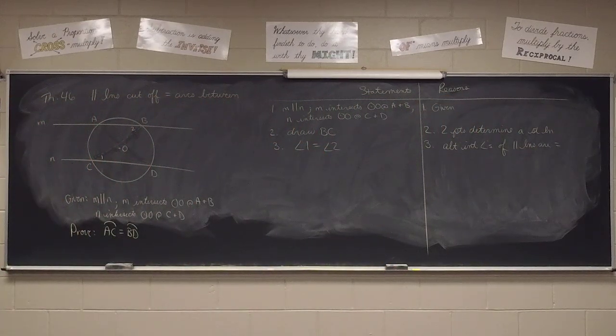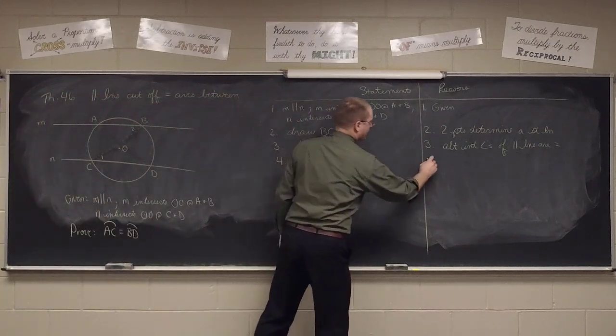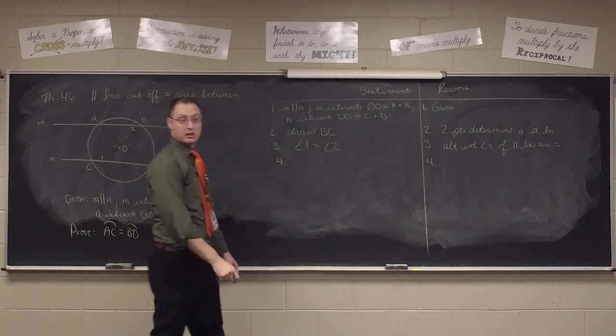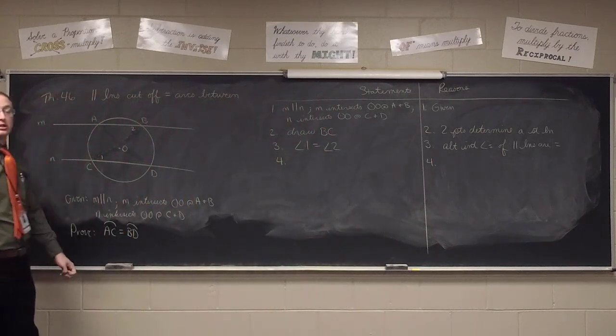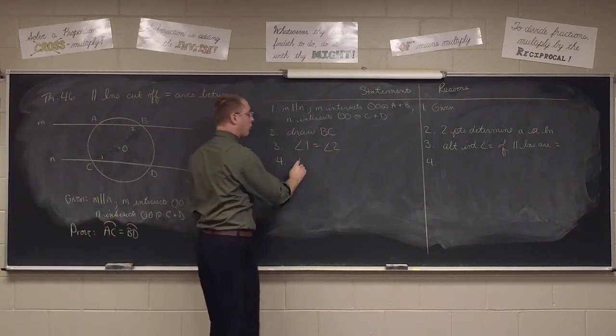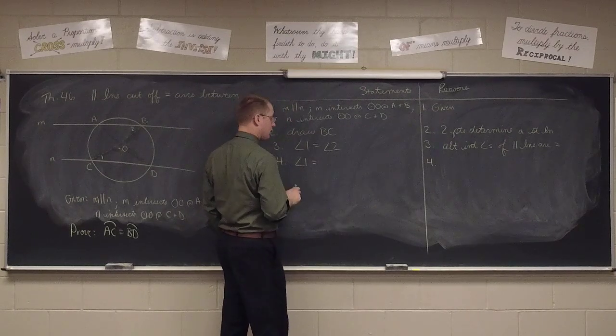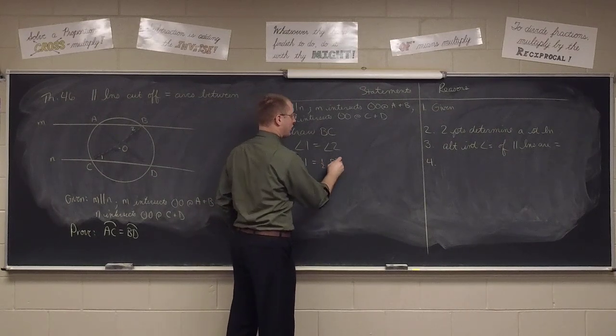Now, 1 is not a central angle. 2 is not a central angle. 1 and 2, class, are inscribed angles. What do I know about an inscribed angle, Genesis? It's equal to half its arc, which means, Genesis, that angle 1 must equal half of arc BD.